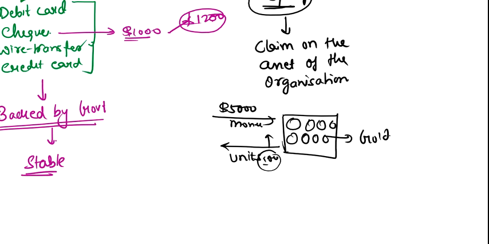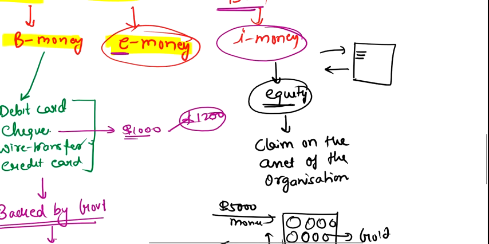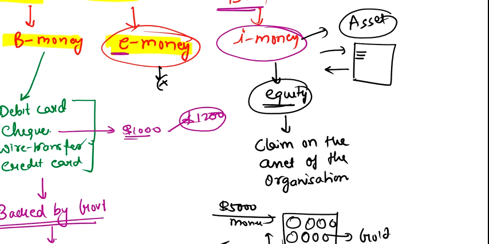That means the cost of one unit is $50. Clear? So that is I money. Clear? Now I money is more stable than e money. Why? Because I money is backed by the asset, but e money is not backed by any assets. Clear?